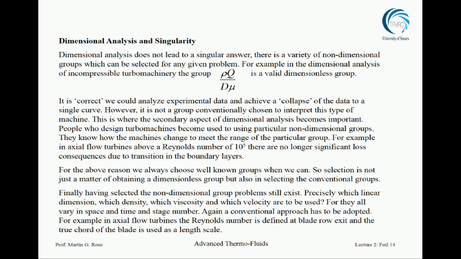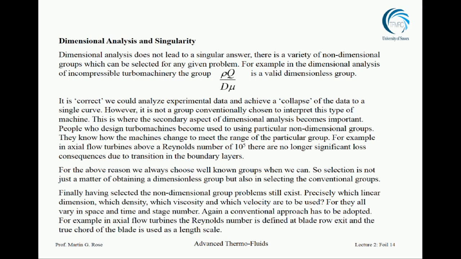The problem is that in human society we have a conventional way of working, and Reynolds number has a conventional form. And if you redefine it, no one will know what you mean. And that, in the end, is why there is one correct answer, because of what is accepted. It's not scientifically justified, but it's helpful because people will understand what you mean. And that really is the answer.